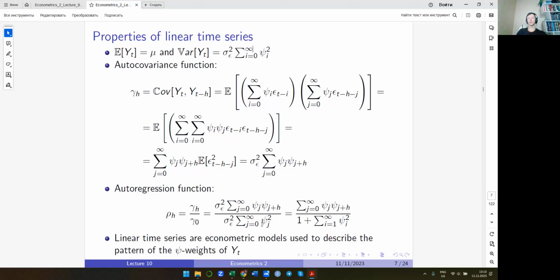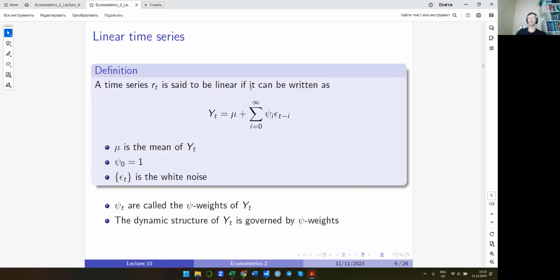Because psi 0 in the denominator is 1, we take this out of the sum. So j was from 0, and now i starts from 1, because psi 0, as was given here, is 1.